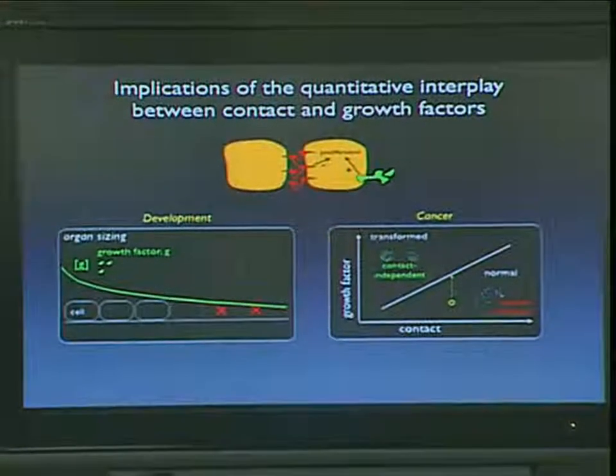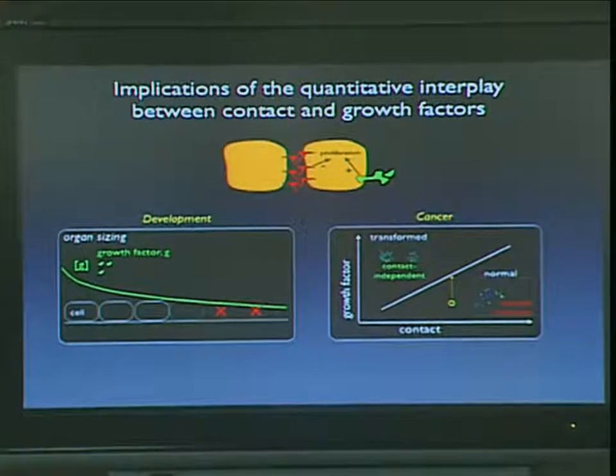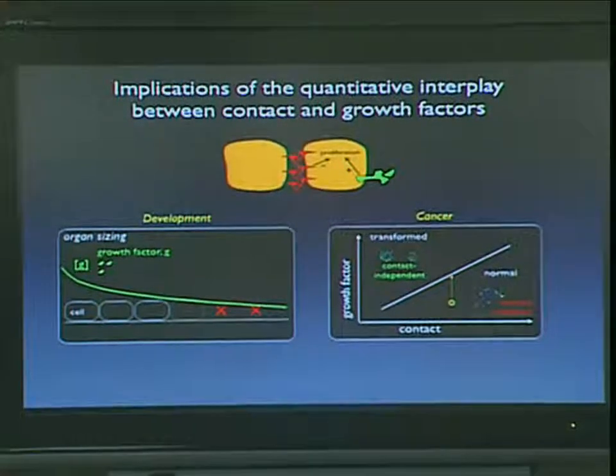So we think this idea of a state diagram and this ability to switch between contact independent and contact inhibition has implications in various areas. One of them is in the area of development, where one of the interesting questions has been how the size of an organ is determined.